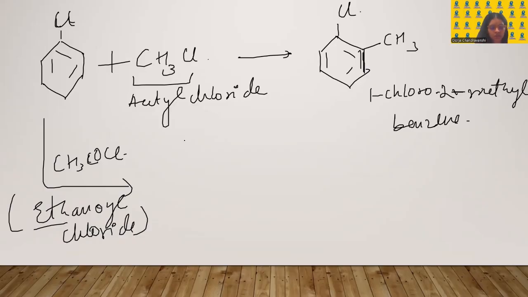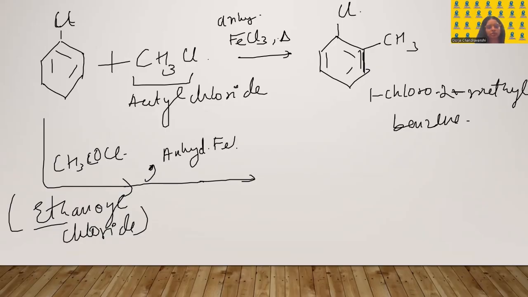So it is crucial to know all. I forgot to mention, you will put anhydrous FeCl3 in both, or you can take FeBr3 as well. Both are Lewis acids.